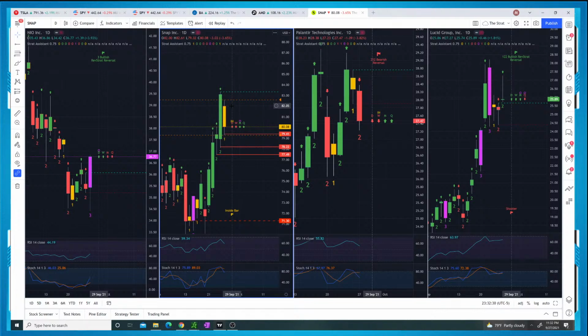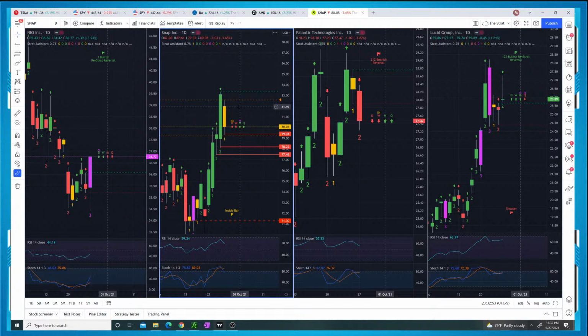So whether you're looking at the stock or not, maybe you're looking at SPY, you'll get an alert: Snap is crossing above your call trigger level. So you would go to Snap, and if it's breaking above this level, our target would be right here at this dotted green line. So essentially that's how you play the strat.